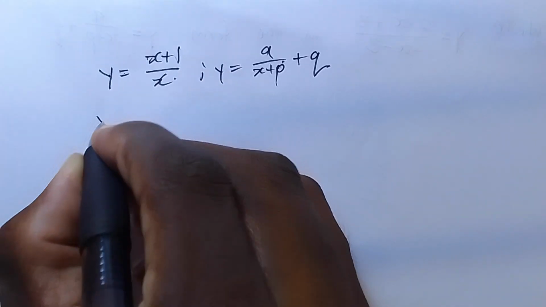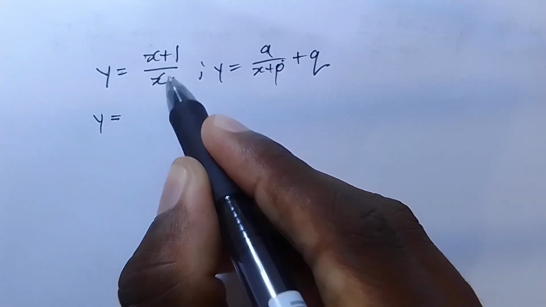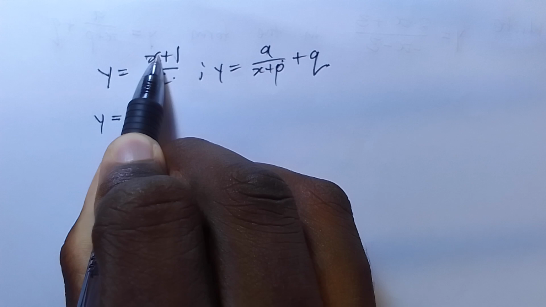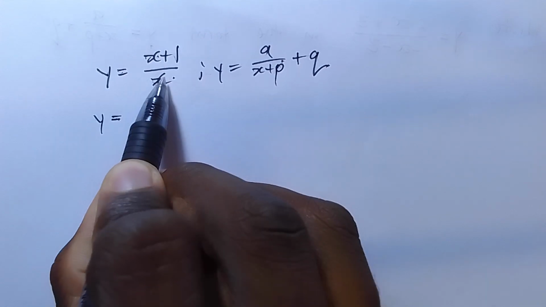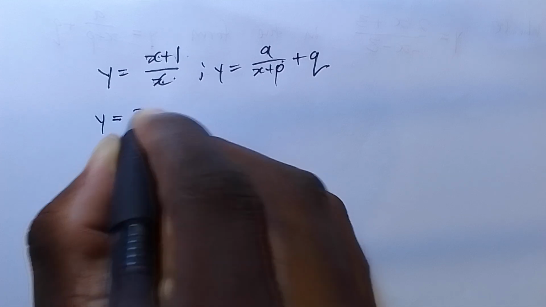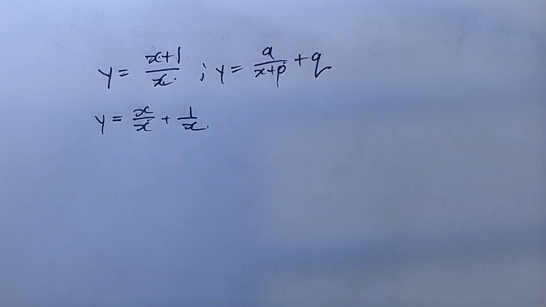How we do that for this one is pretty simple. We say y is equal to, this is a fraction, right? And since it has this denominator, we can take this denominator and distribute it to this part of the numerator and this part of the numerator. So that how that would look is you have x over x plus 1 over x, okay?